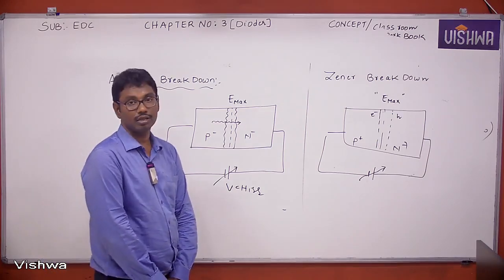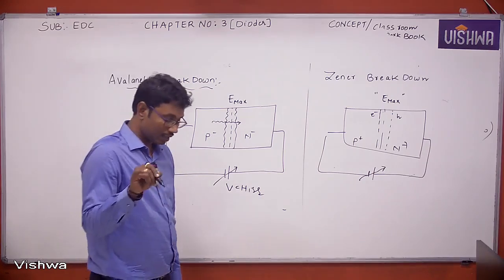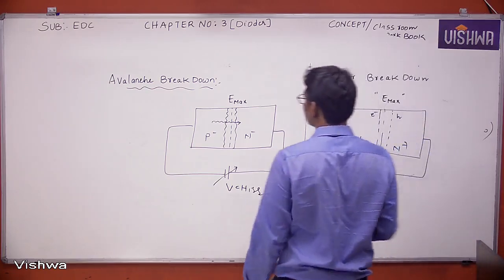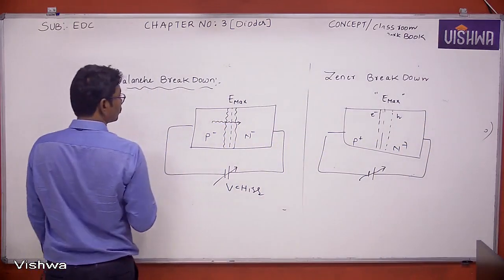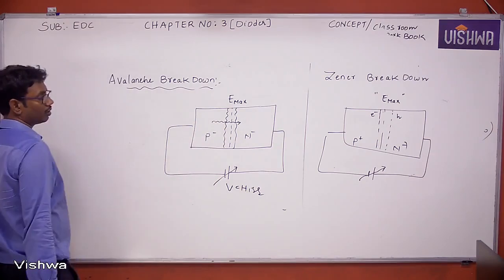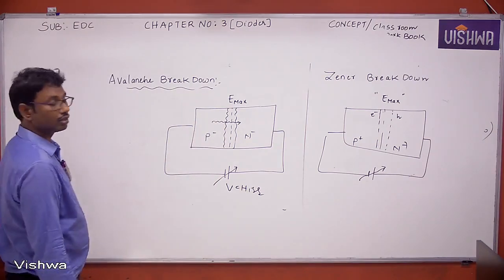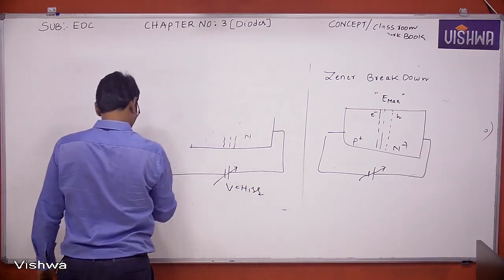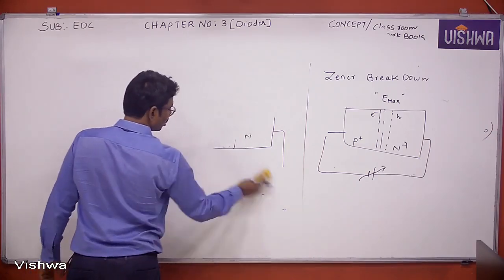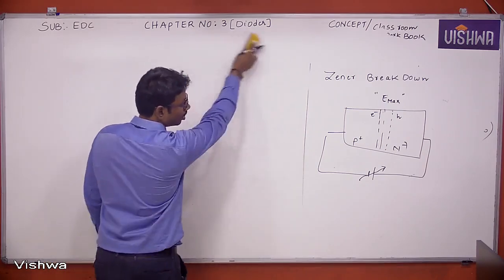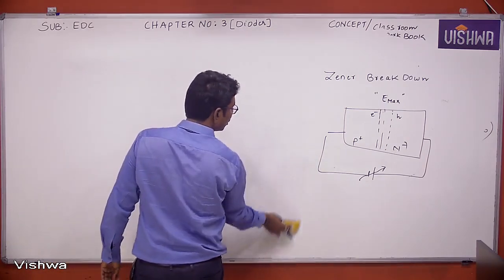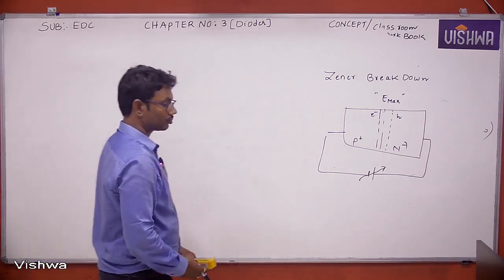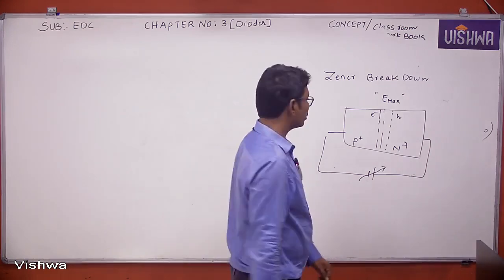Underline: sudden increasing of current due to strong electric field is called Zener breakdown. Yeah, this is about the two types of breakdown. Copy if you want the diagram. Copied, right? Yeah.